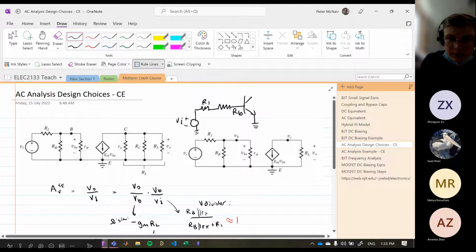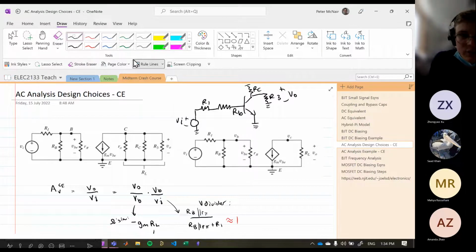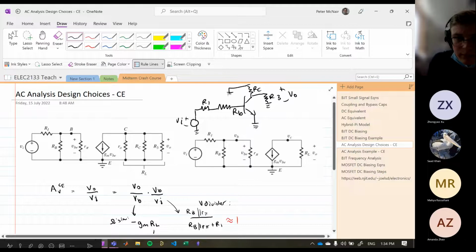And then we had our collector, that was VCC. And then call this R3, and that was V0 over R3. So we're going to ground VCC, let's get rid of that and turn it into a ground. And so R1.